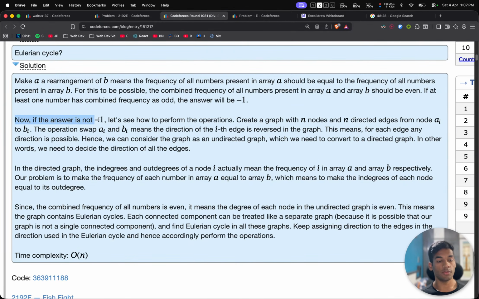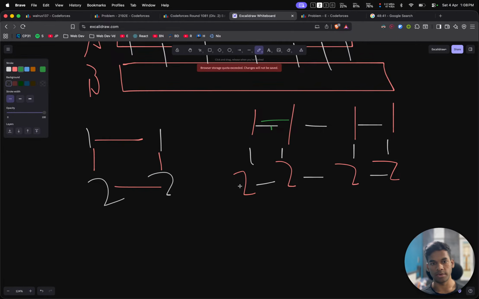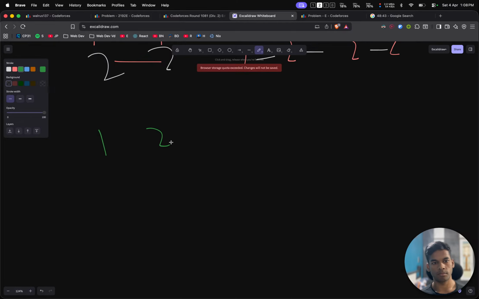Now, if the answer is not -1, let's see how to perform the operations. Create a graph with n nodes and n directed edges from node AI to BI. Okay, that means, let's say, 1 and 4.